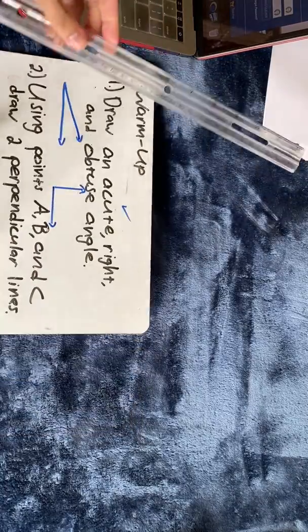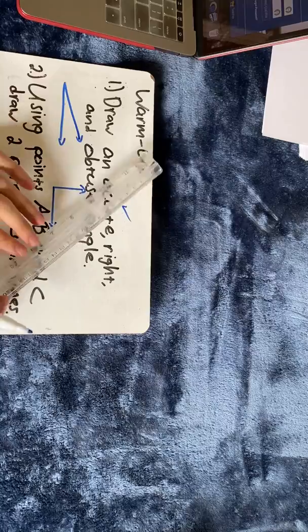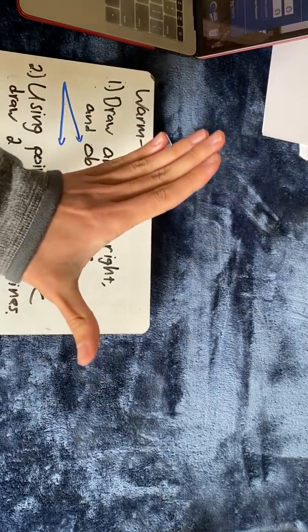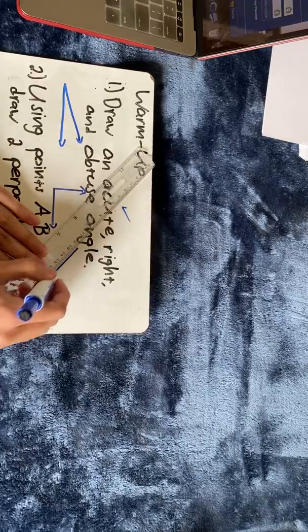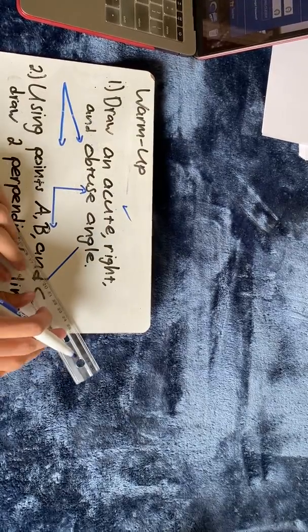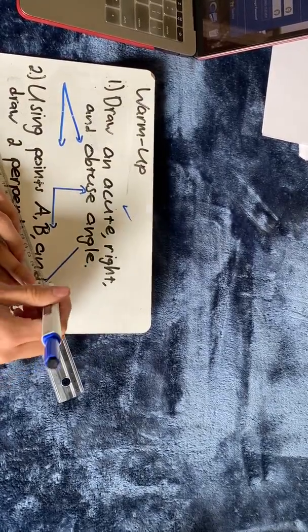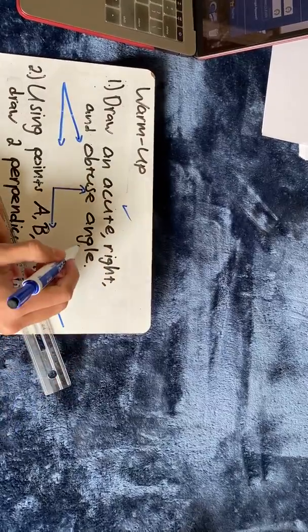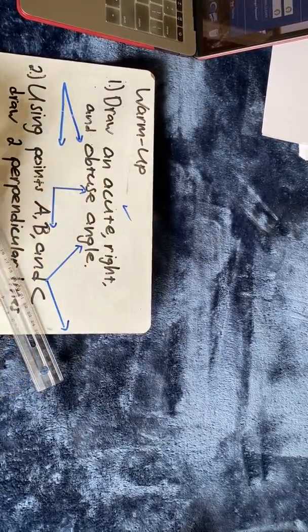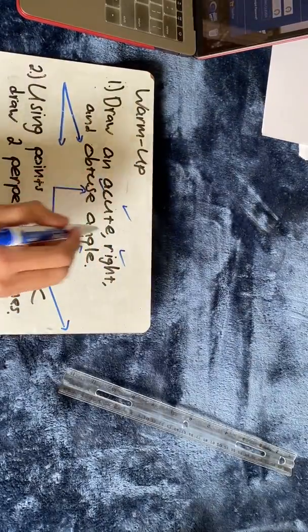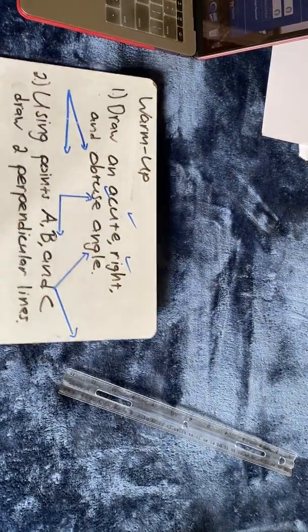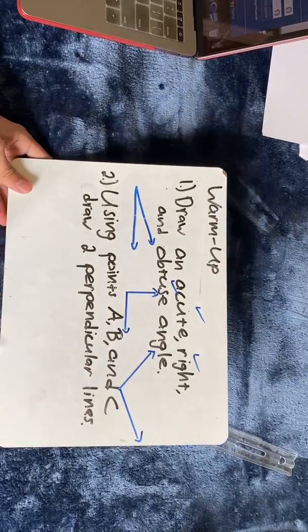Next up, an obtuse angle. Remember, that's the large angle. Obtuse sounds like a large word. So go ahead and draw an obtuse angle. Hopefully you were all able to get those. We've been doing quite a bit of practice on them, so hopefully they're becoming a lot easier.